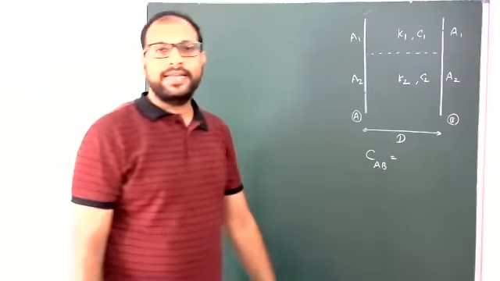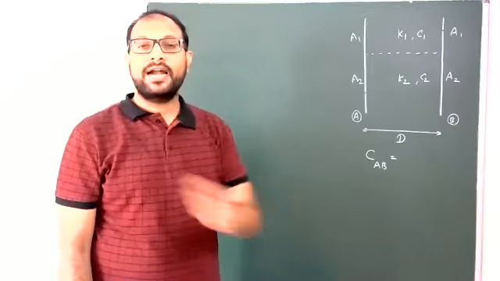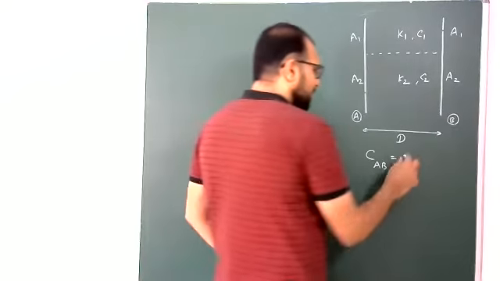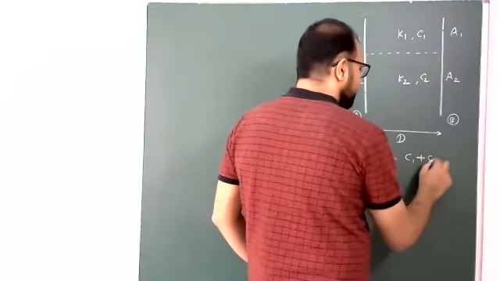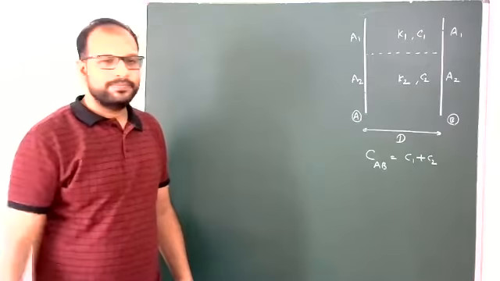So in case of a parallel combination, the effective capacitance is just the addition of those two capacitances, that is C_AB equal to C1 plus C2.